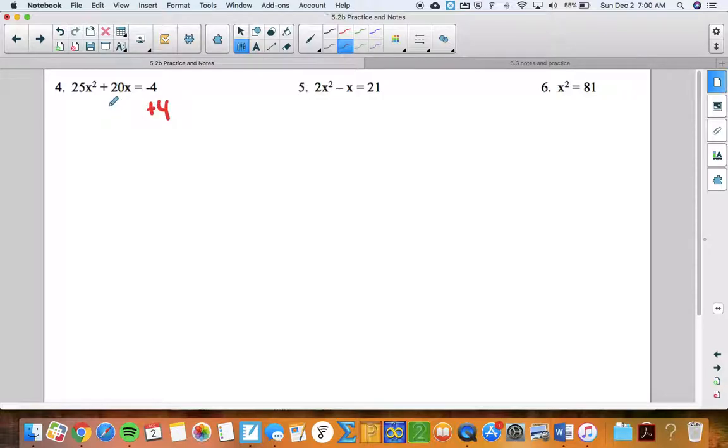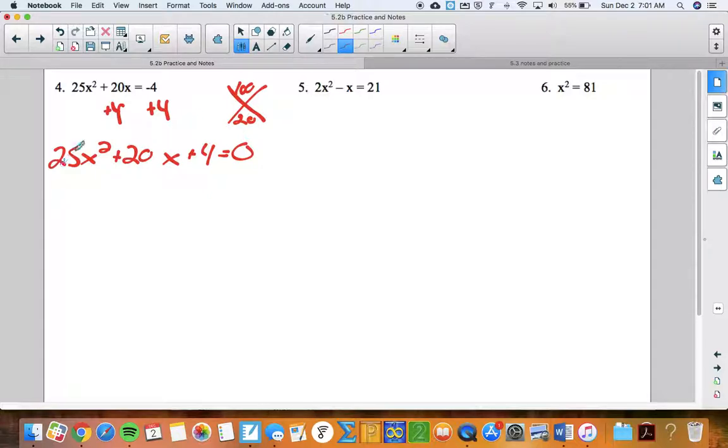Set it equal to 0 first. So now we're trying to factor 25x squared plus 20x plus 4 and set it equal to 0. Well, folks, I could do our diamond with 120, and you can do that.